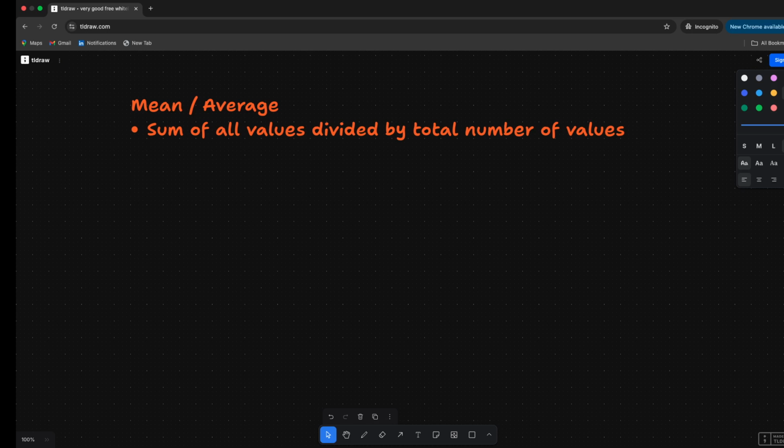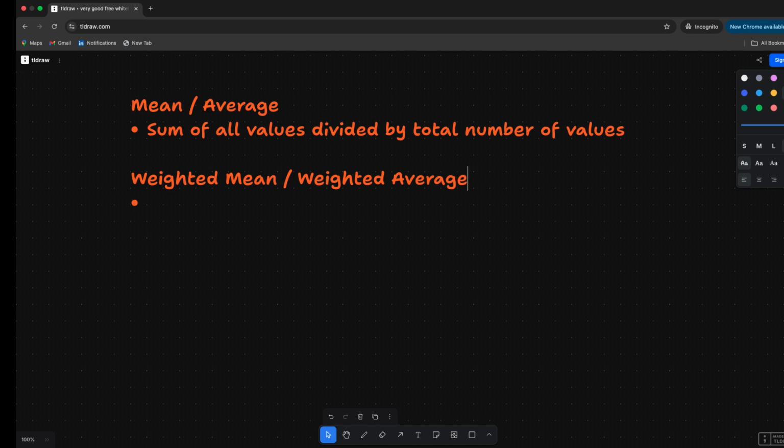Then you have something called the weighted mean. We'll see in depth what the drawback of using the mean is. The weighted mean is the sum of all values times a weight, divided by the sum of the weights. This is also called a weighted average, because the alternate word for it is weighted average.